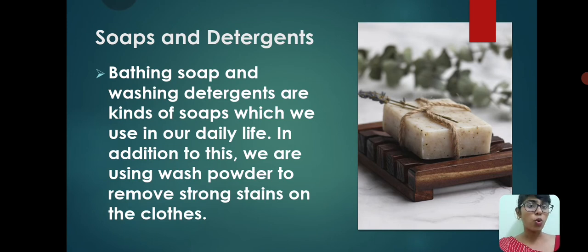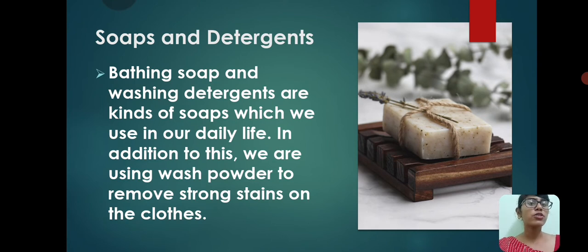See, bathing soap and washing detergents are kinds of soap which we use in our day-to-day life. Okay, so we use soaps regularly, right, for bathing ourselves. In addition to this, we are using washing powder to remove strong stains on the clothes.